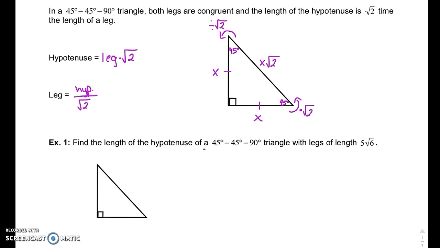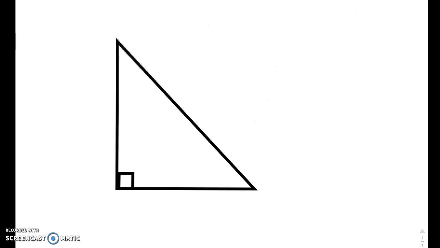So we know it's an isosceles, and the legs are 5 radical 6. So I'm going to fill this out: 5 radical 6 here, 5 radical 6 here, 45-45, and we want to know x.